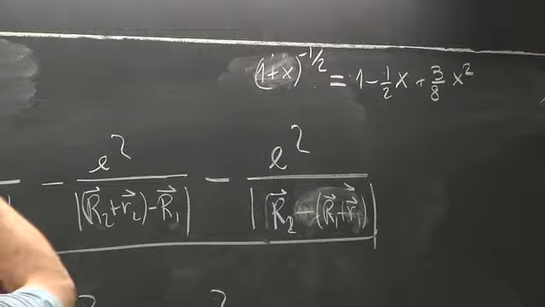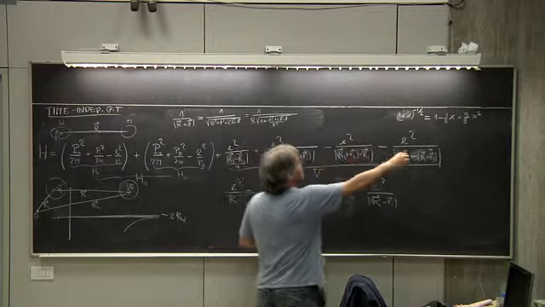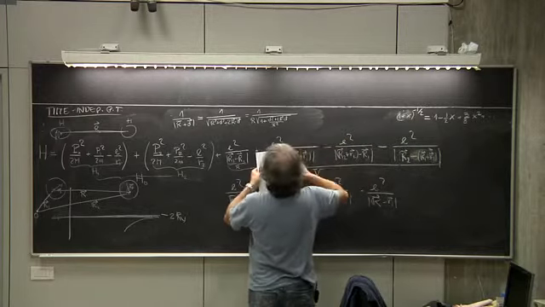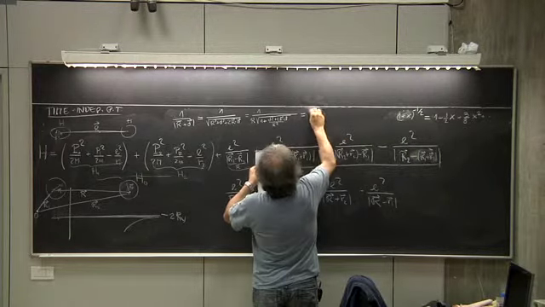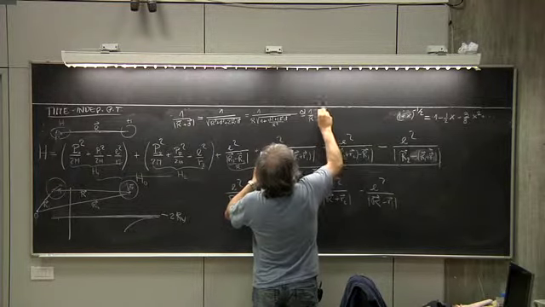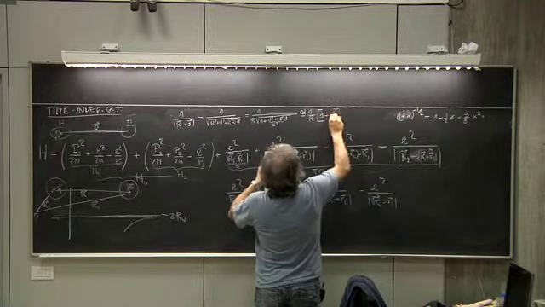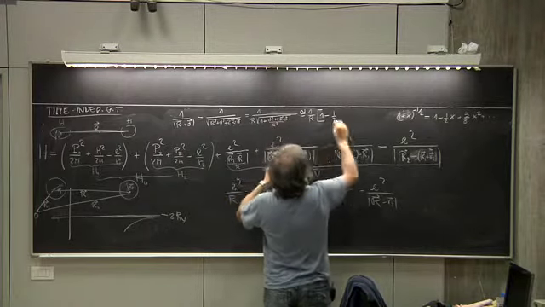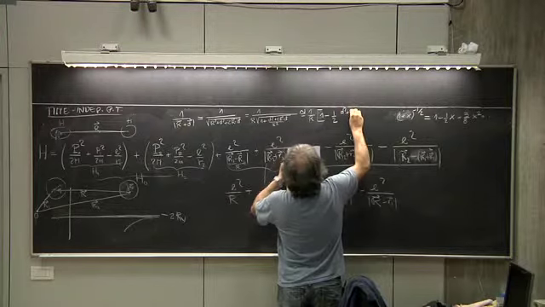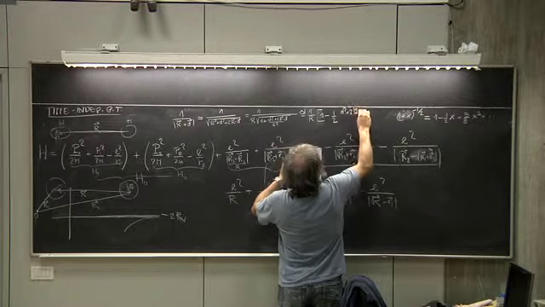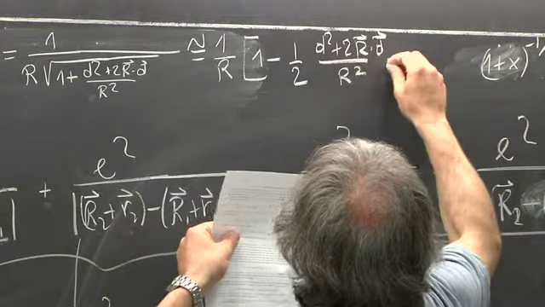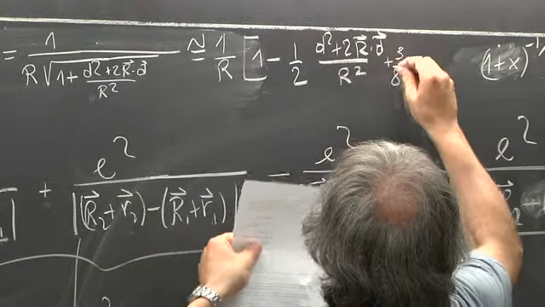So I apply this expansion to this object here to obtain something like this. So this is roughly equal to 1 over R times 1 minus 1/2 this object, you see? So D squared plus 2R dot D divided by R squared, plus 3/8.